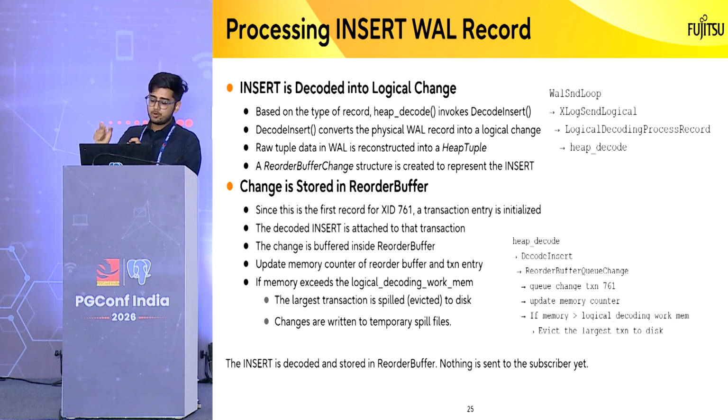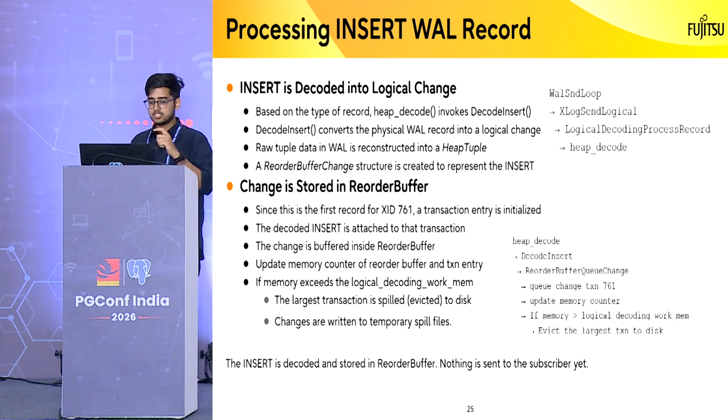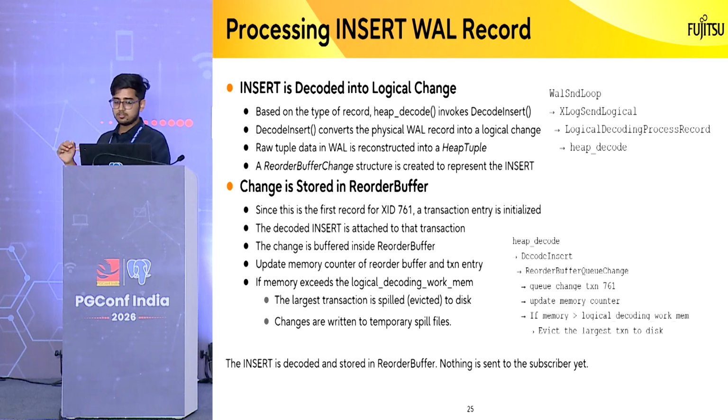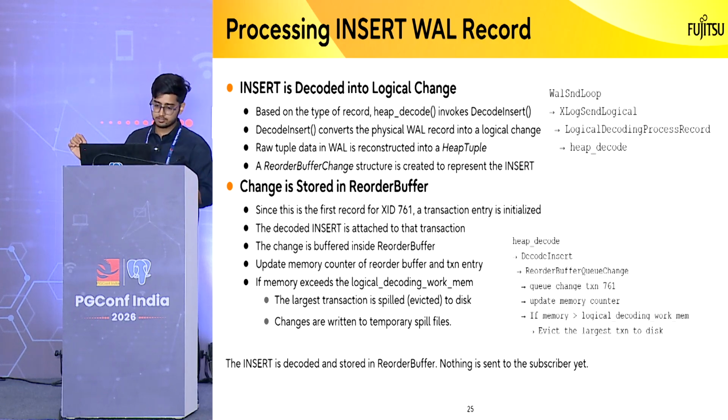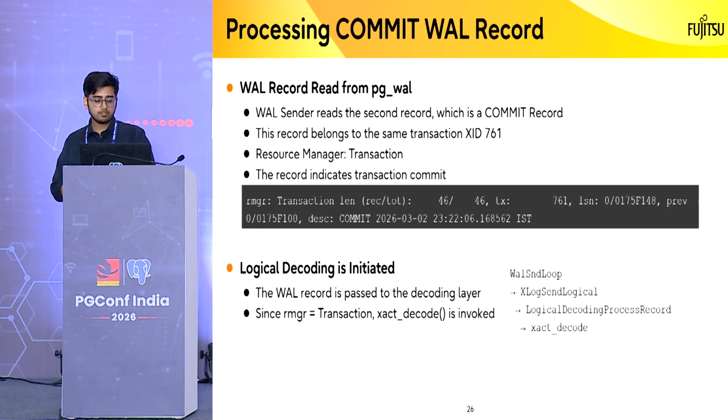Now the memory counters of the reorder buffer and the transaction entry are updated, and then we check logical_decoding_work_mem. If the memory limit of the reorder buffer exceeds this GUC value, the largest transaction in the reorder buffer is evicted to the disk and stored in temporary spill files. So till now the insert is decoded and stored in the reorder buffer, and nothing has yet been sent to the subscriber. Now we process the commit record.